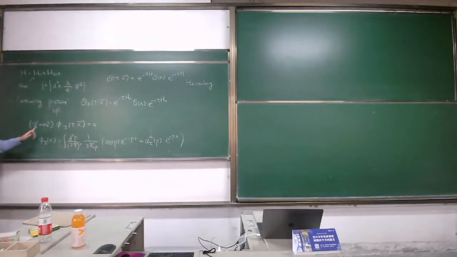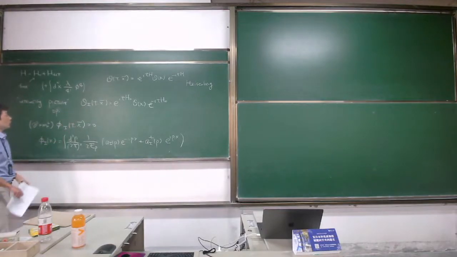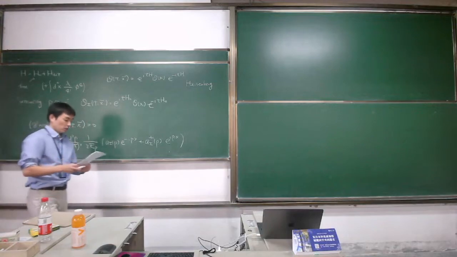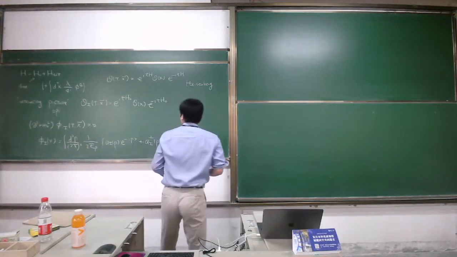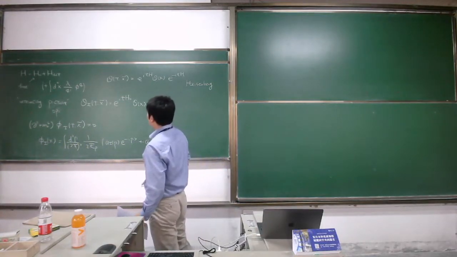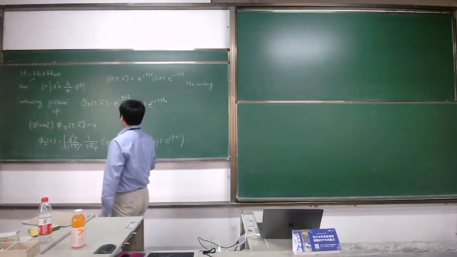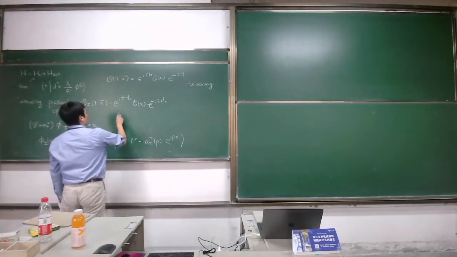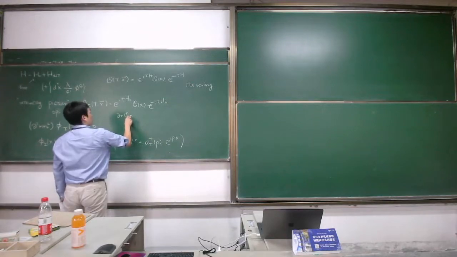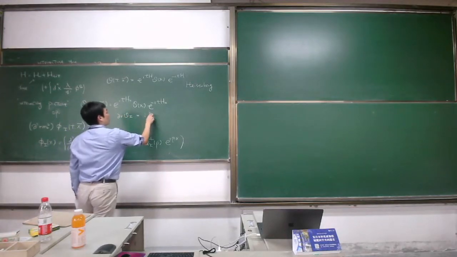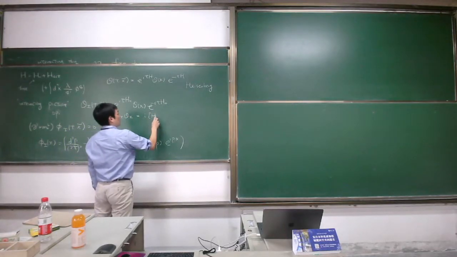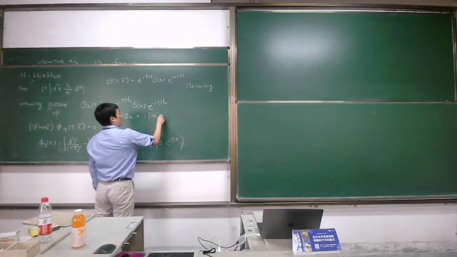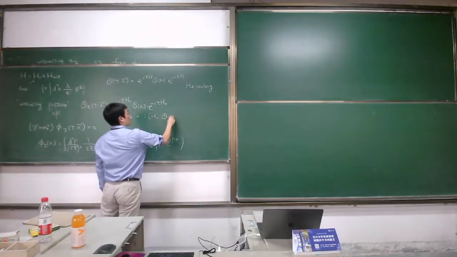And this O_I, the interacting picture operator, will satisfy the Klein-Gordon equation in the case of phi 4 theory. That can be obtained by just acting with the time derivative on the interacting picture operator, which gives i times [H0, O of x].